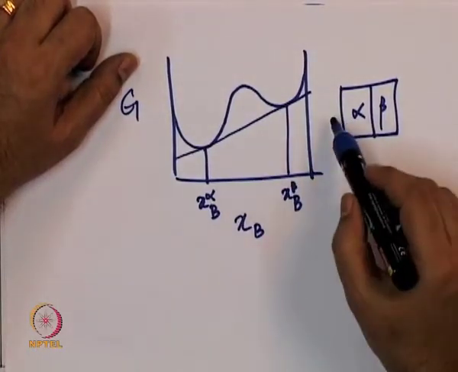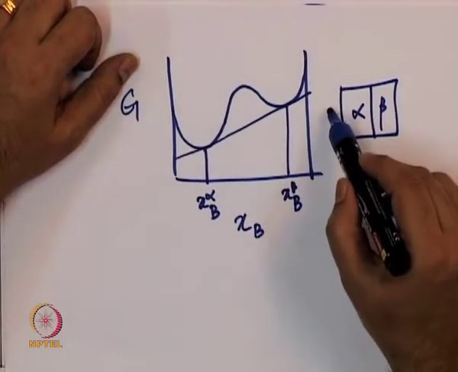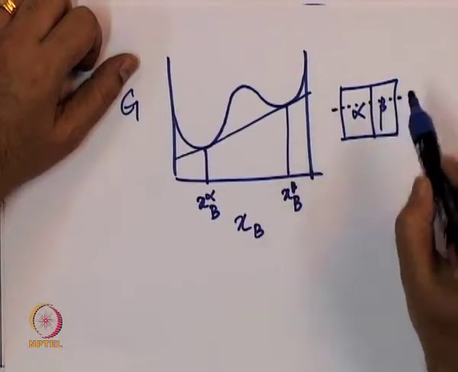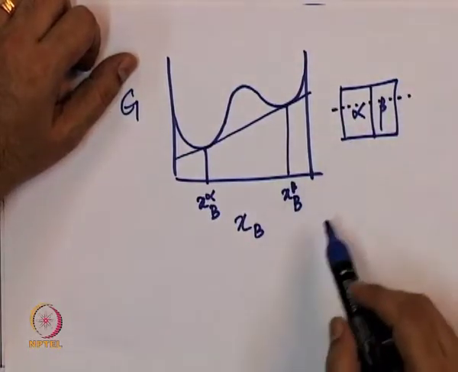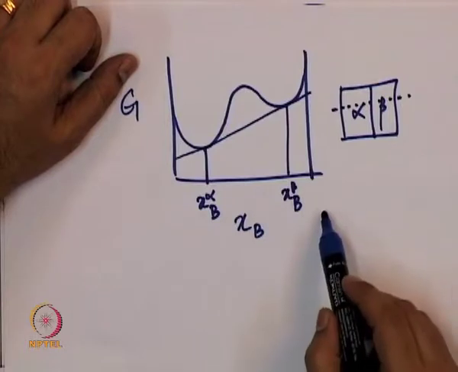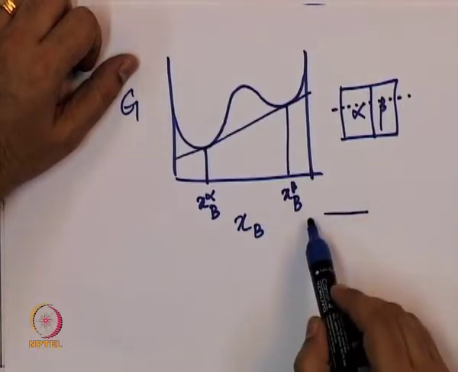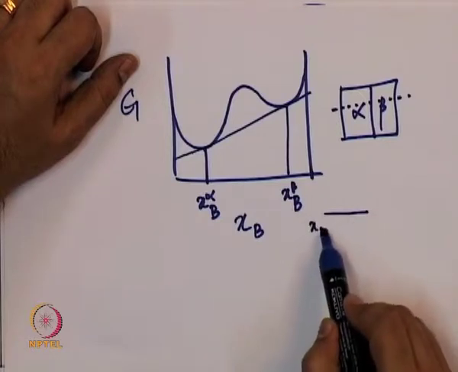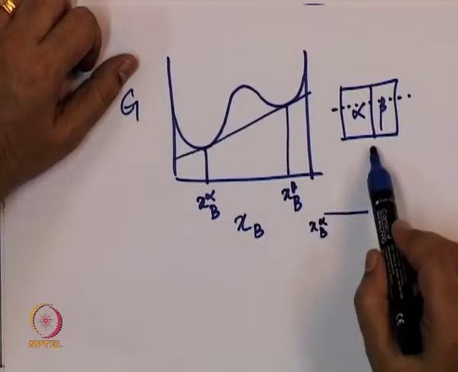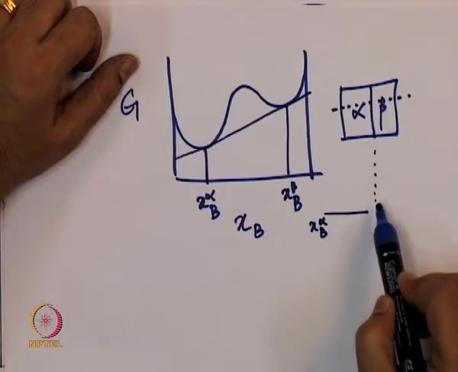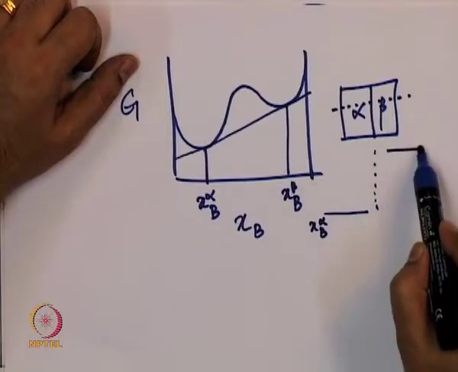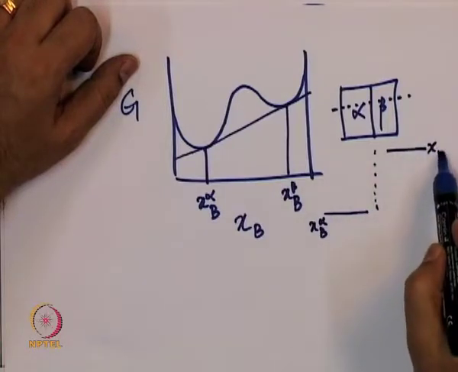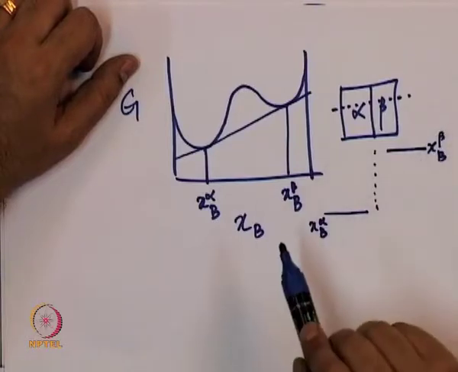Now, if you for example go across this line and plot the composition, in alpha phase it is going to be x_B^alpha, and wherever is the interface, and beyond that it is going to be x_B^beta.